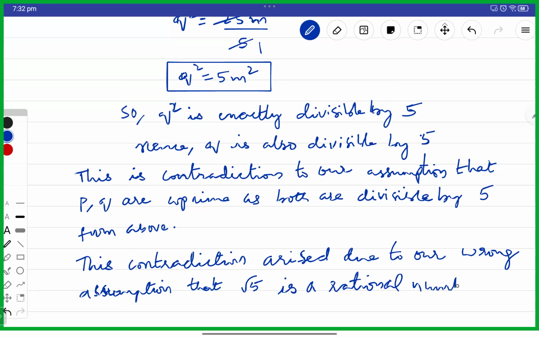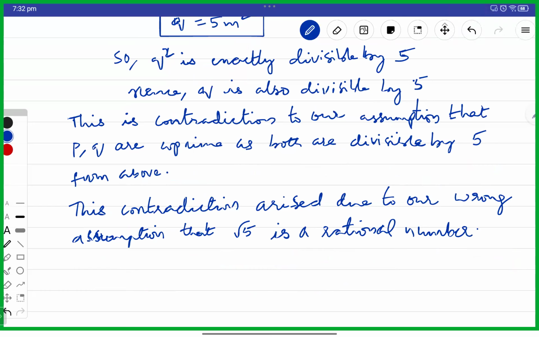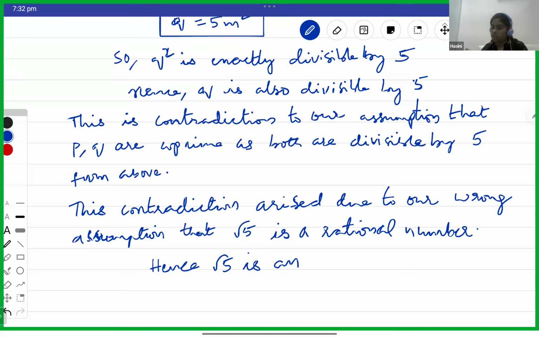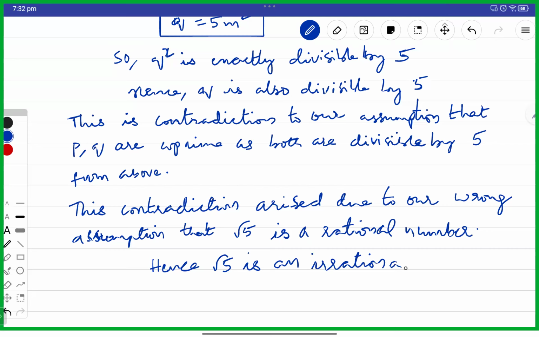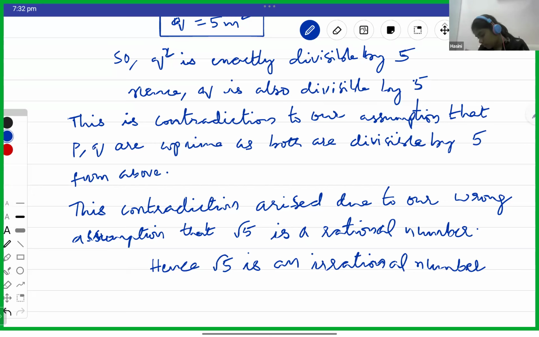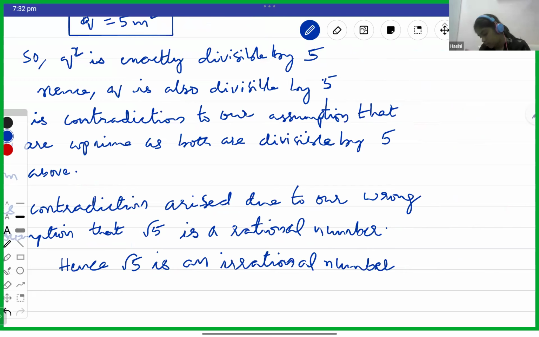Hence, we finally write, root 5 is an irrational number.